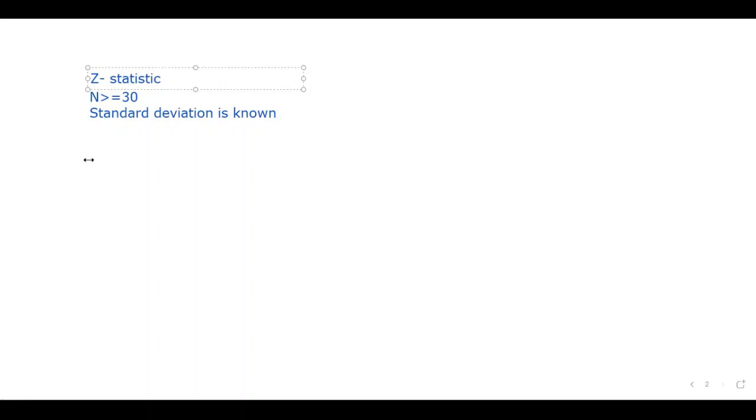And let's talk about T. You use the T statistic, or the T test, if your n is less than 30 and also your standard deviation is unknown.